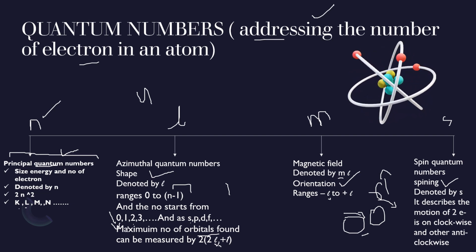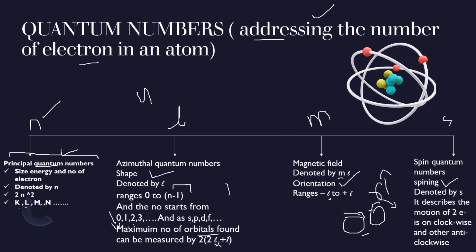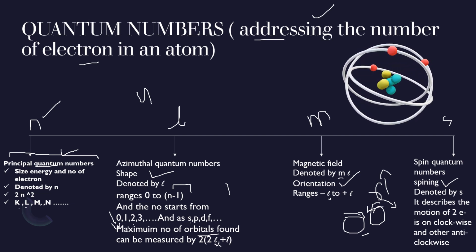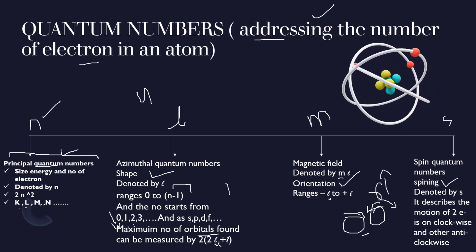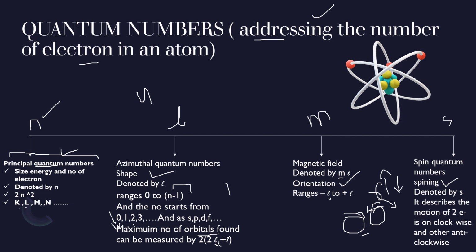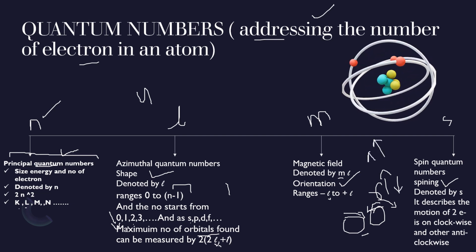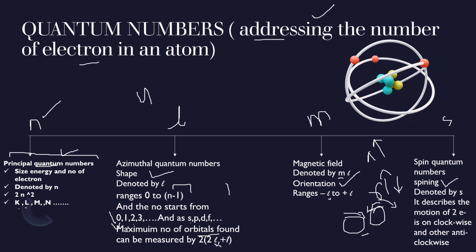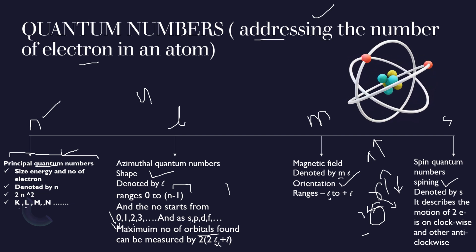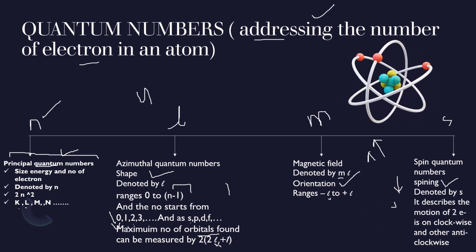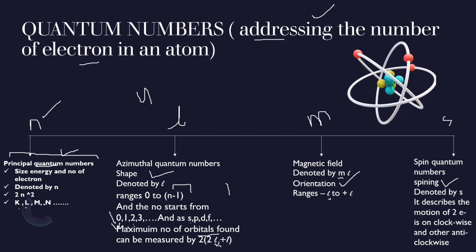If they move in opposite directions, clockwise and anti-clockwise, that's the point of the spin quantum number. The repulsion forces would decrease and some kind of attractive force would build between them. That attractive force holds these 2 electrons, these 2 negatively charged particles, together.